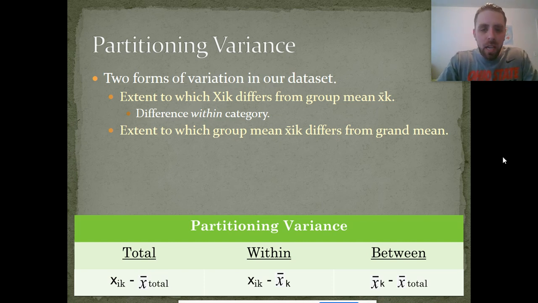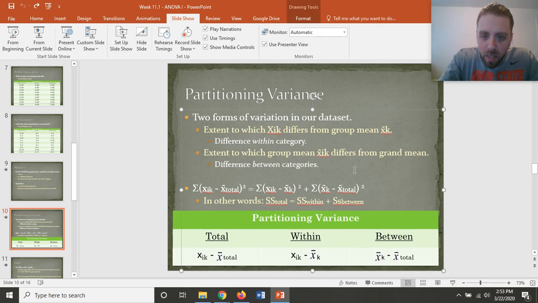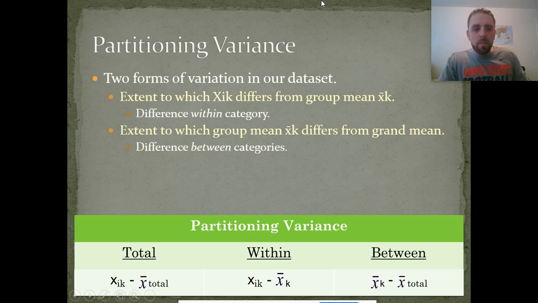Secondly, we have another type of variation. That's the extent to which the group mean X bar k differs from the grand mean. Actually, let me just get rid of that. This should just read X bar k. I'm sorry, let's start that over.